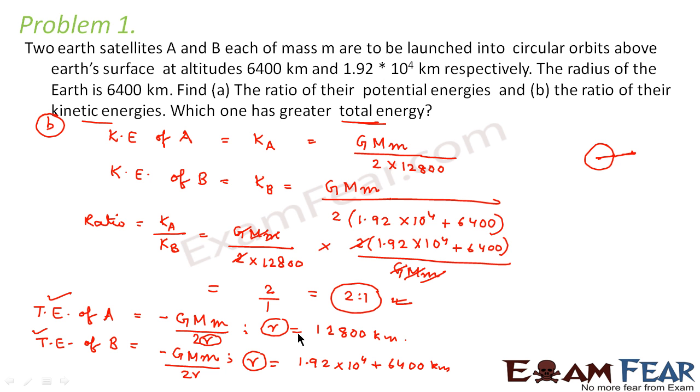So R is more in which case? The value of R is more for this, right? So the value of R is more for A. That means the total energy for A would be less. Therefore, which has greater energy? Total energy of B is greater than A.